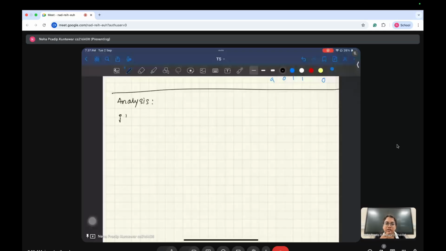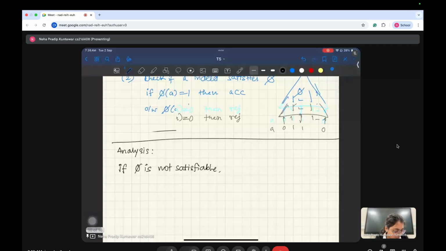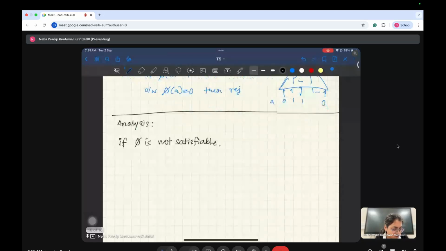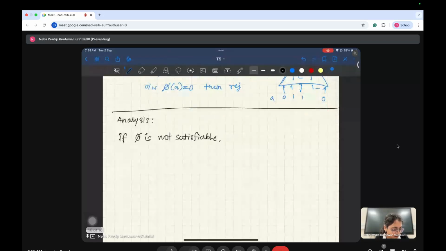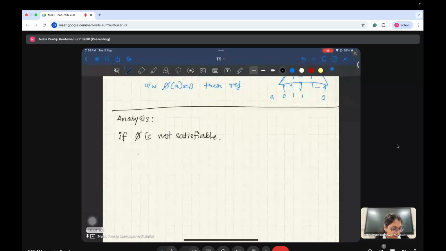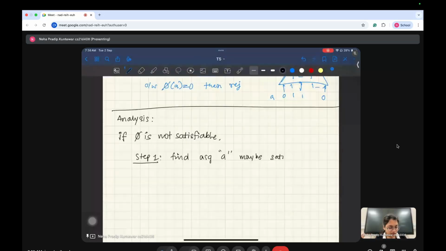Then what our algorithm does is step 1, in which it finds an assignment A, which is maybe a satisfying assignment with high probability. That is something it does, but we're not going to blindly say yes or no based on that.